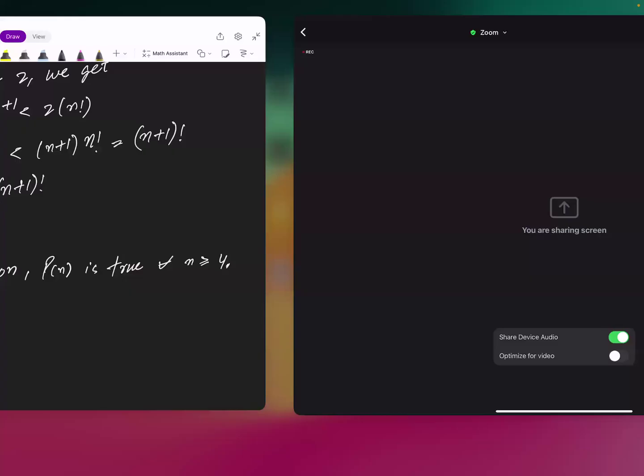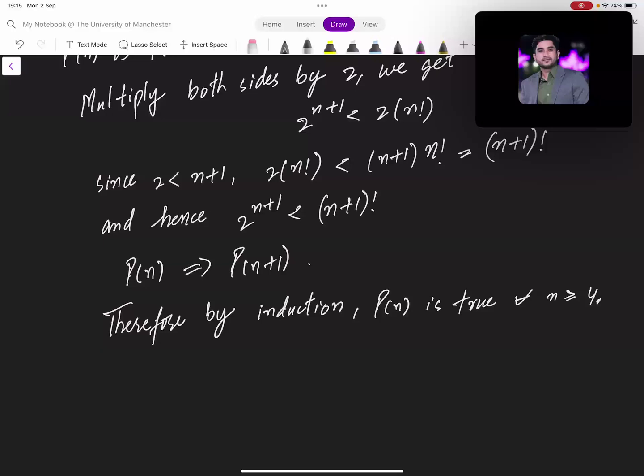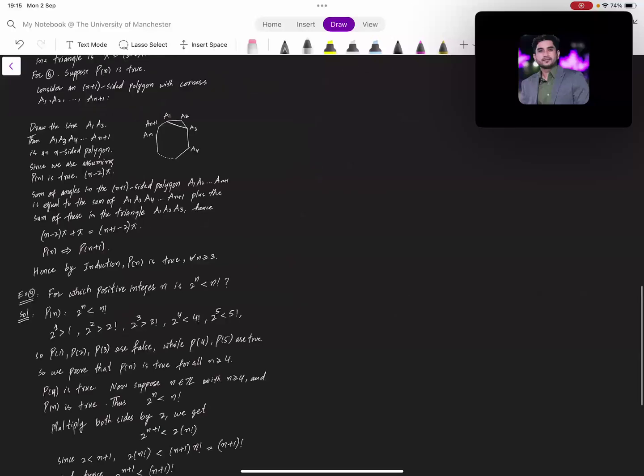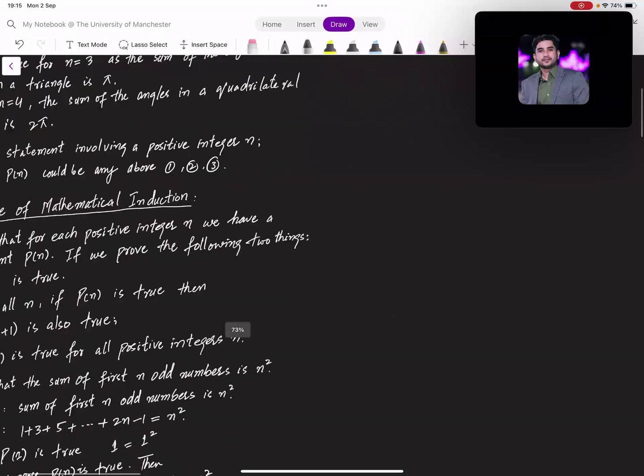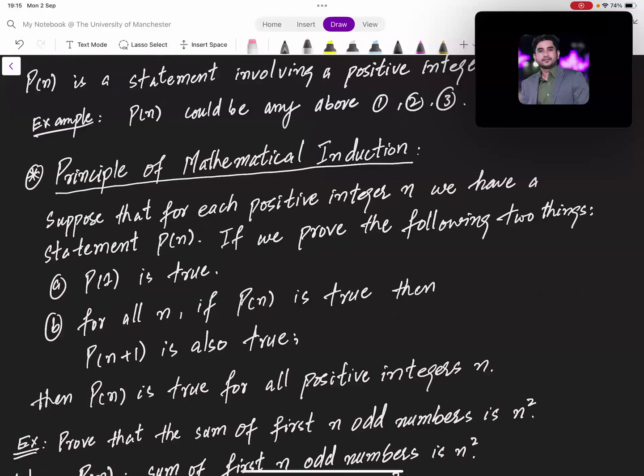Bismillahirrahmanirrahim. So we have been doing the principle of mathematical induction, chapter 8. We described the first principle of mathematical induction, where we haven't said that we should start after some particular value. We can have examples where n equals 1 is not always the starting point.